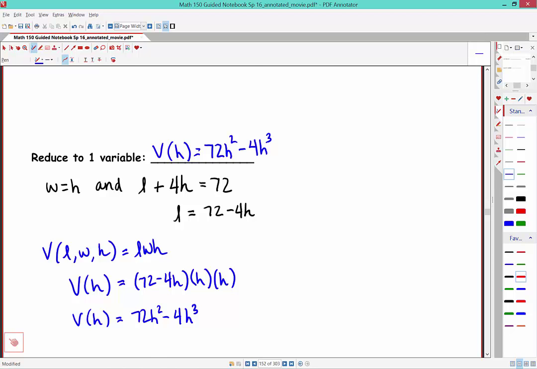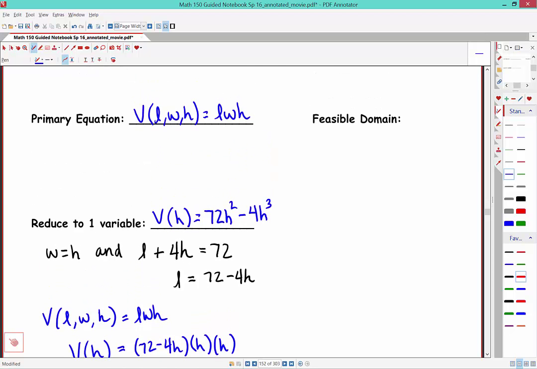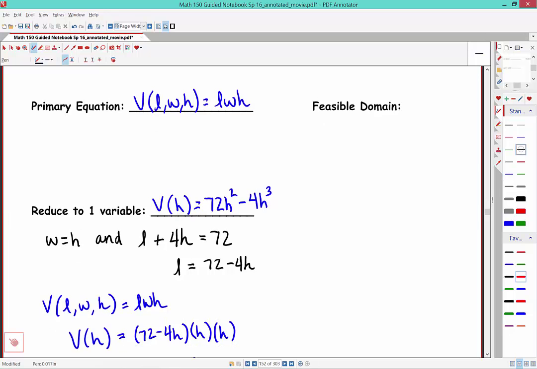All right. So we know that h has to be greater than 0, w has to be greater than 0, and the length has to be greater than 0. What else do we also know? Good. That 72 minus 4h, which is the length, has to be greater than 0.